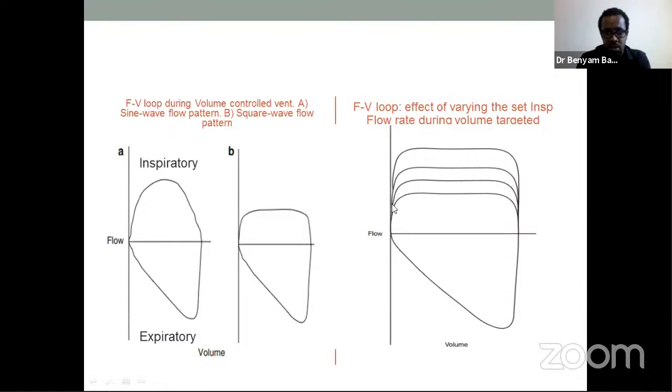So this shows different flow rate targets, or different flow rates that we have set. So it will be shown here. So we will be able to tell what the flow rate currently is, or what flow rate we are seeing. Usually flow rate should be 14 to 60 liters per minute, as we discussed in the last discussion.